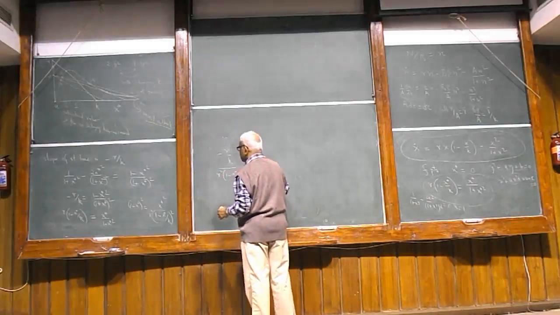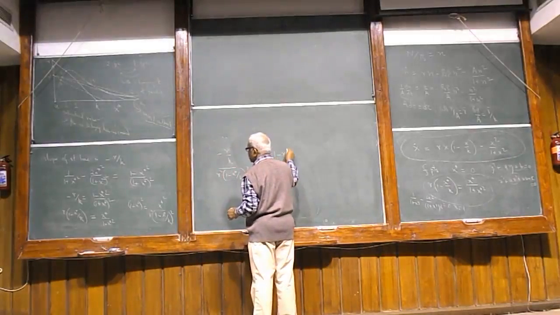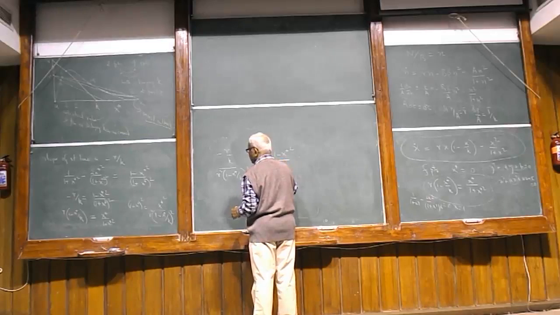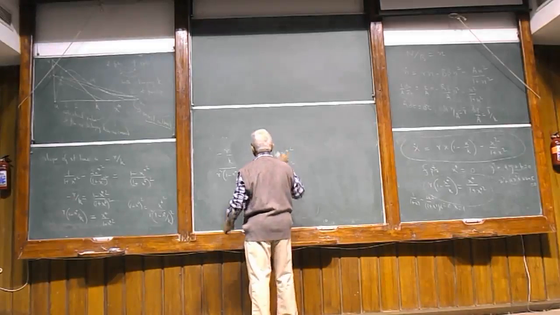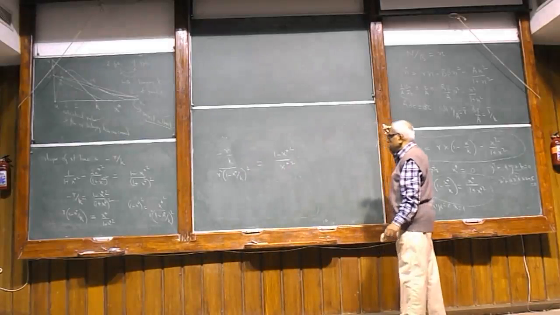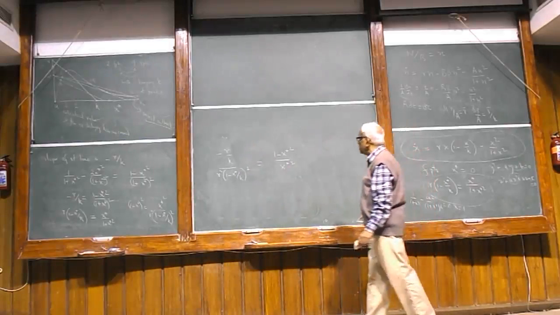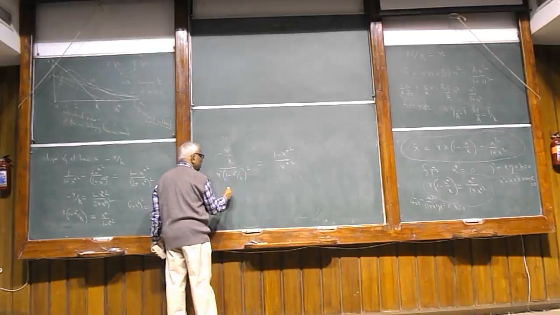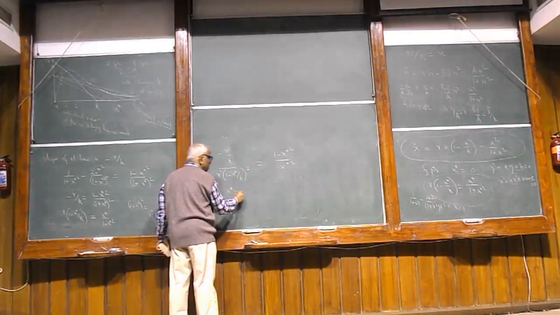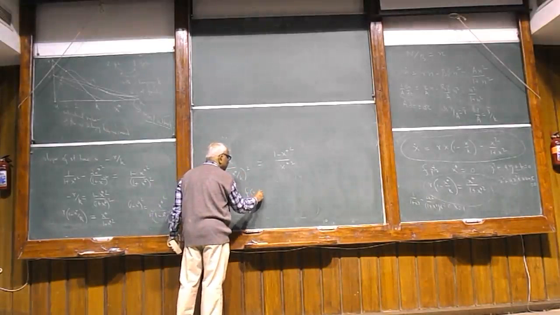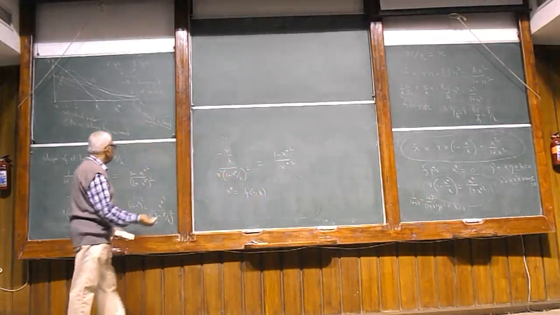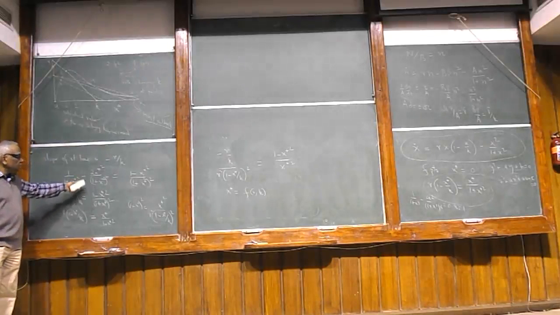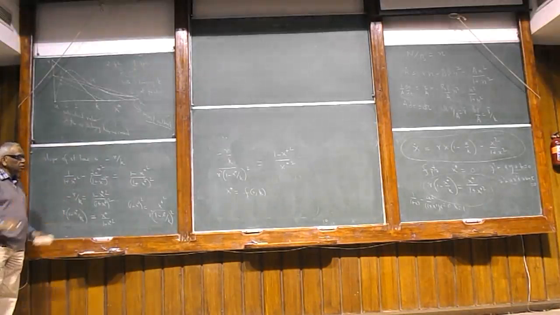That is equal to 1 minus x star square divided by x star square. So this is the equation for x star. From here you get x star square as a function of r and k, and then you can put it back over here, and that gives you the whole business.